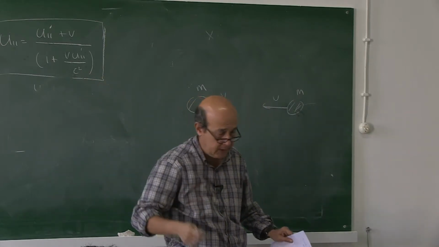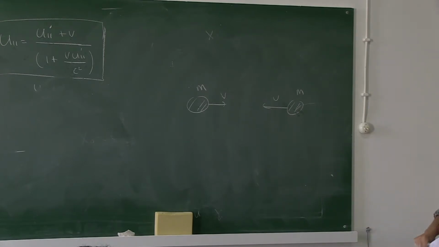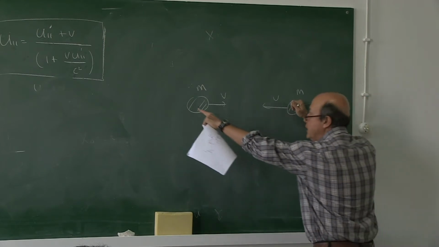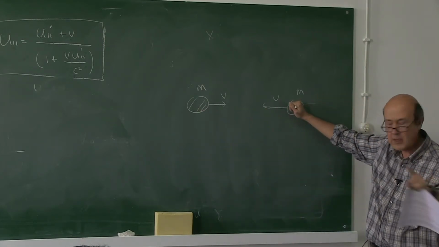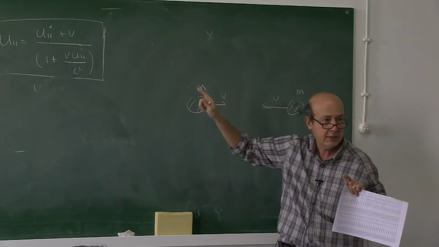If you go to the relevant section in your book, you can see that if it were non-relativistic, an observer here would see this particle coming by 2v. But here, you have to use the addition of velocities.